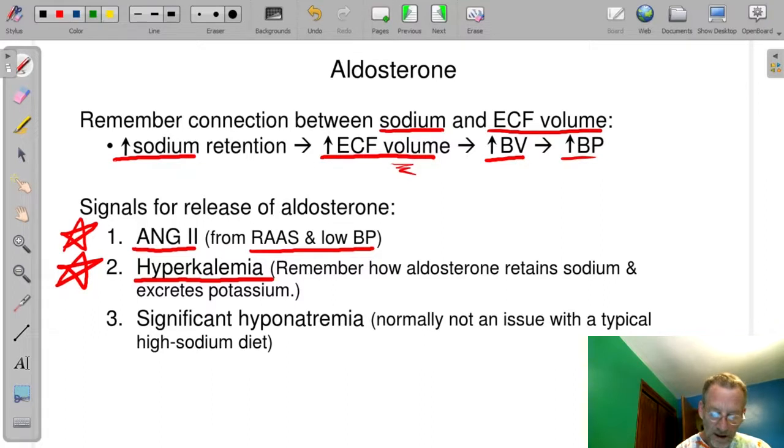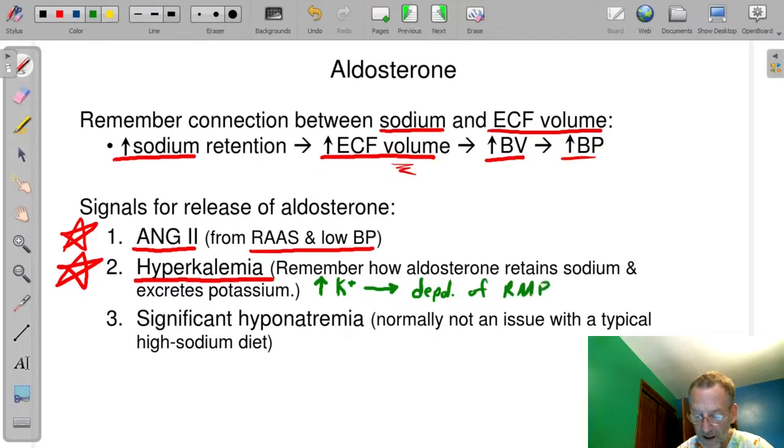Let's make a note in here. High potassium leads to a depolarization of the RMP.